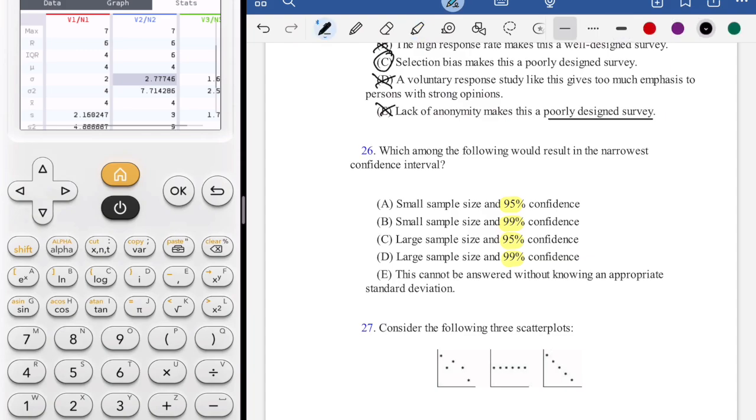Now, which one is going to be wider between the large sample size and the smaller sample size, that's a different conversation. But in a comparison, all things being equal, between 95 and 99, the narrower one would not be associated with the 99. Now, a large sample as opposed to a small sample, all right?